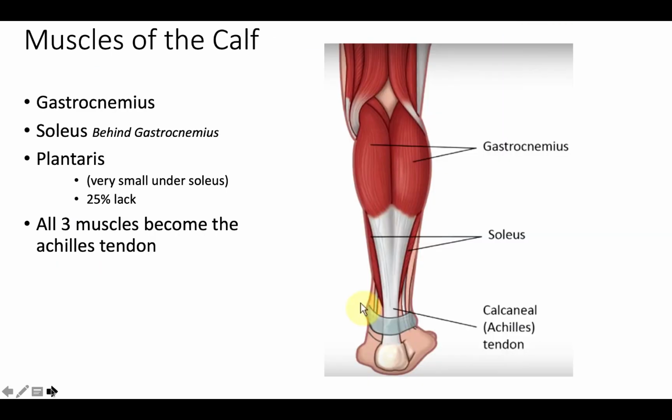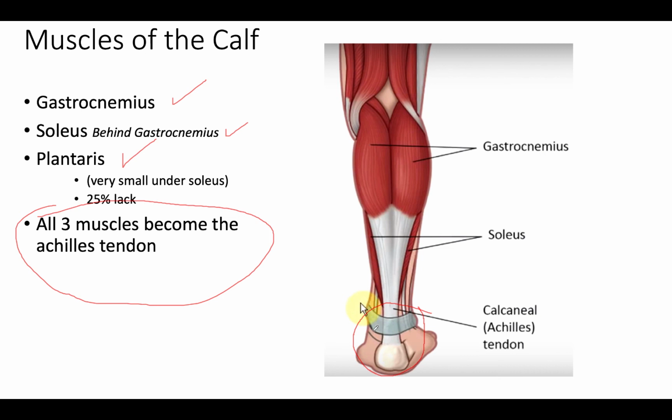I'm going to come back to these videos, but I want to point this out, and this is incredibly important. These three, gastrocnemius, soleus, plantaris, these three muscles become your Achilles tendon. And the Achilles tendon is that thick tendon, and damaging the Achilles is incredibly dangerous and painful.